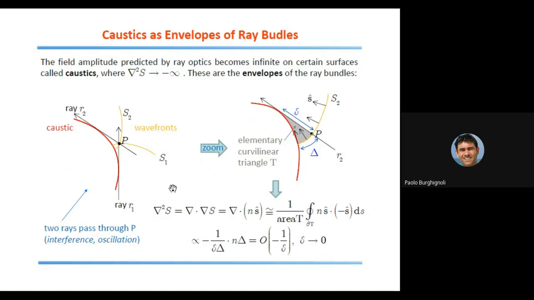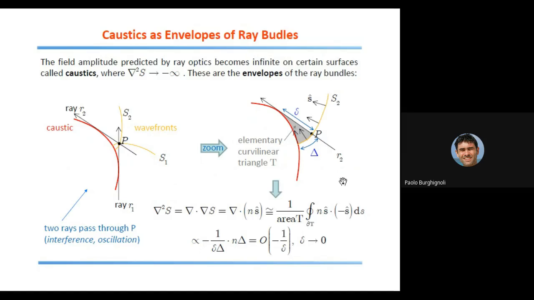Since you have two rays, you have two wave fields which superimpose at the point P. So what you get is interference, and so an oscillatory behavior of the wave field in the neighborhood of the caustic as concerns the phase. But it's easy to see that as concerns the amplitude, it must go to infinity if you approach the caustic.